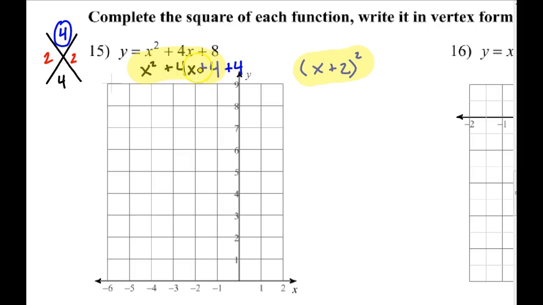So these three right here factor to x plus 2 times x plus 2, which is x plus 2 squared. And now we have this plus 4 on the outside. So there you go, we just moved it over. So now our vertex isn't just some number and 0. We got our vertex at negative 2.